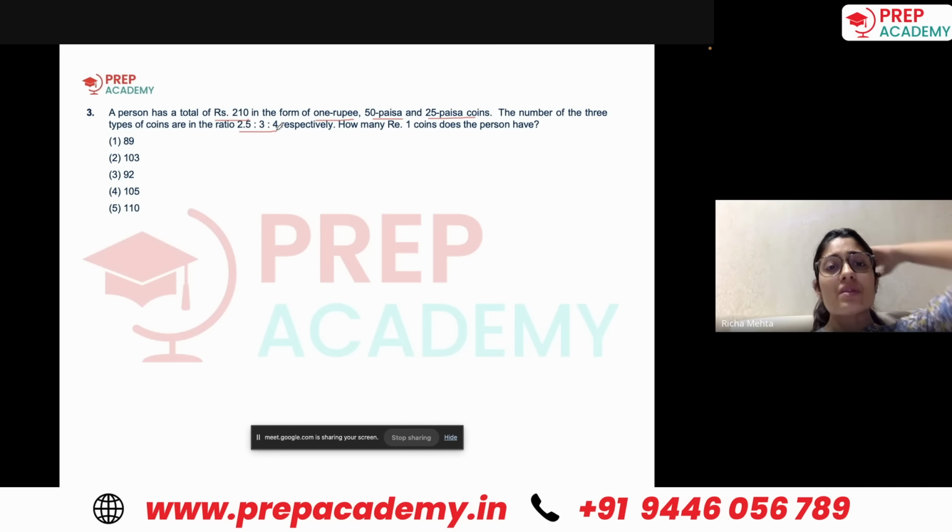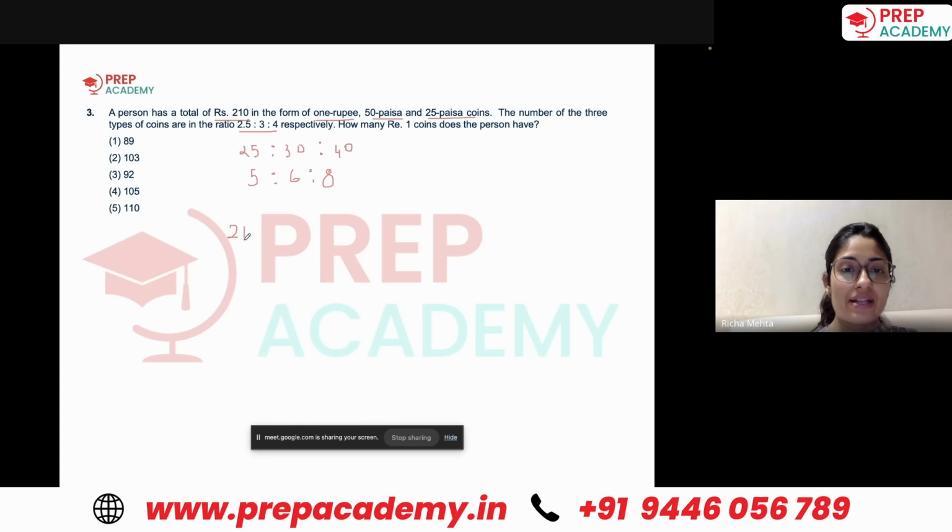First of all, if I see this ratio 2.5 is to 3 is to 4, can I write it as 25 is to 30 is to 40? Or if I still reduce it, can I write it as 5 is to 6 is to 8? So my 1 rupee coins are 5x, my 50 paisa coins are 6x, and my 25 paisa coins are 8x.